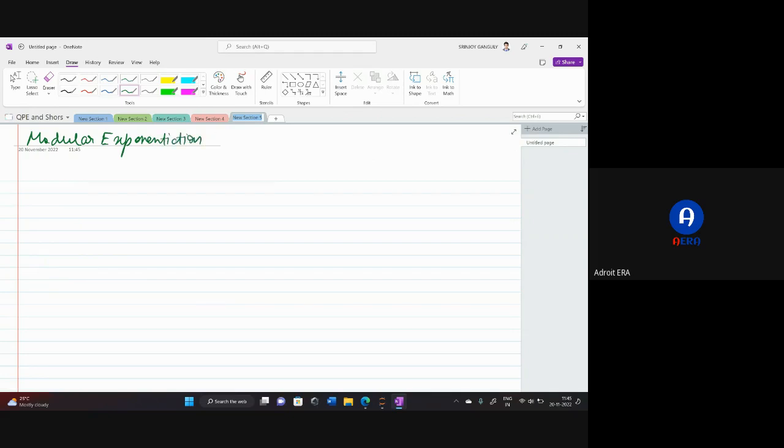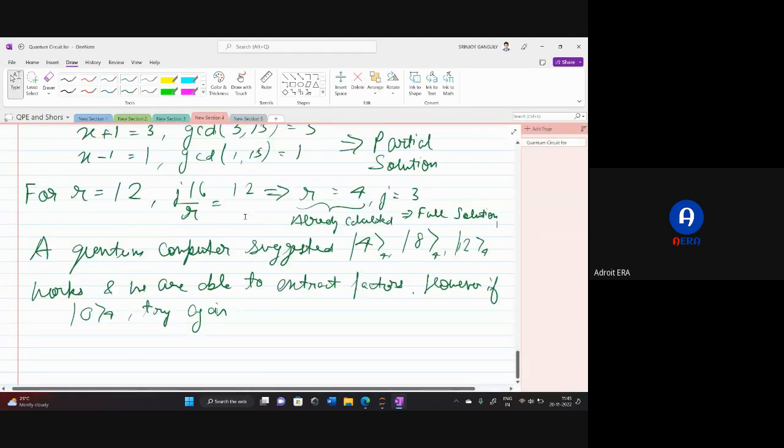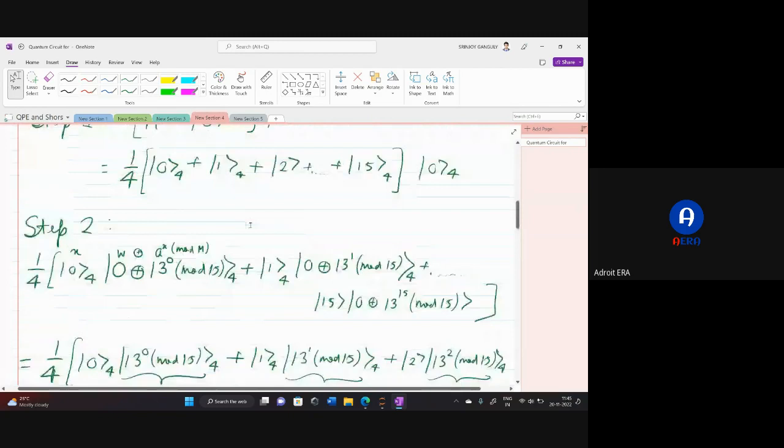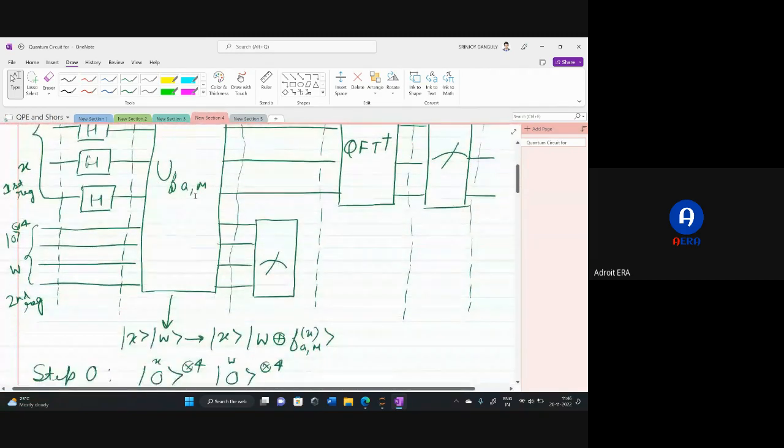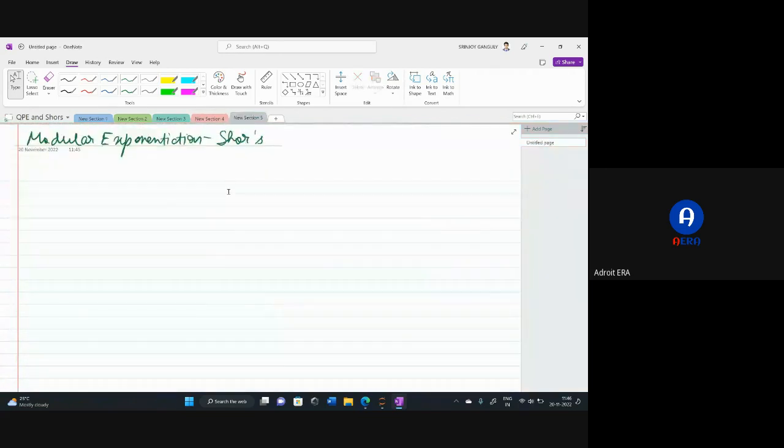This is how your U_f(a,N) is implemented. You might have had this query: how is that U_f implemented? So this is how it is implemented, the algorithm.